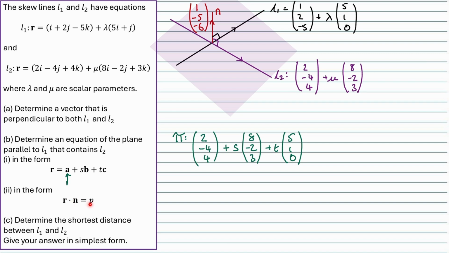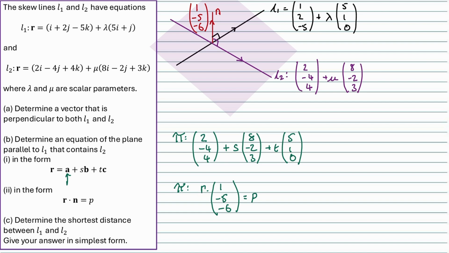For the dot product form, we know this n is the normal vector, which is what we've worked out here. So we'll have r dotted with the normal vector (1, -5, -6) will give us some constant p. This r is any position on that plane.